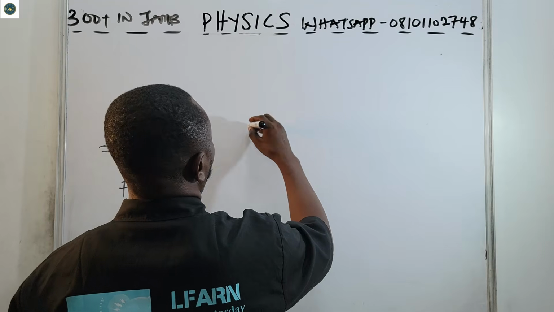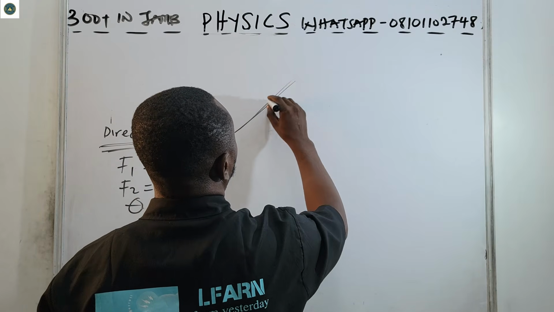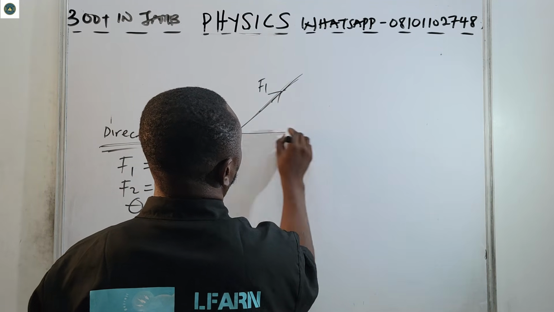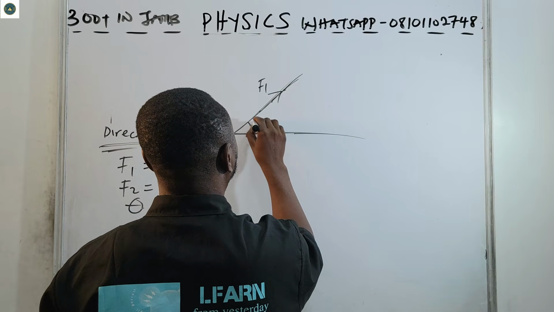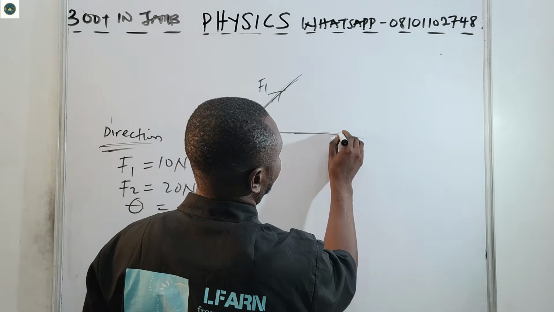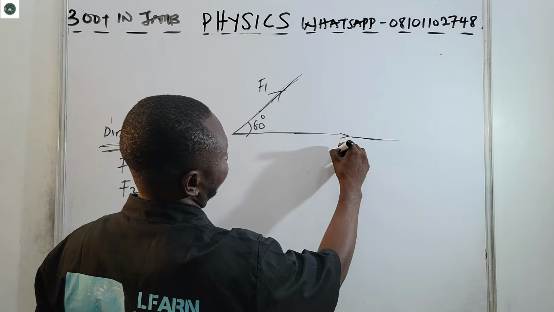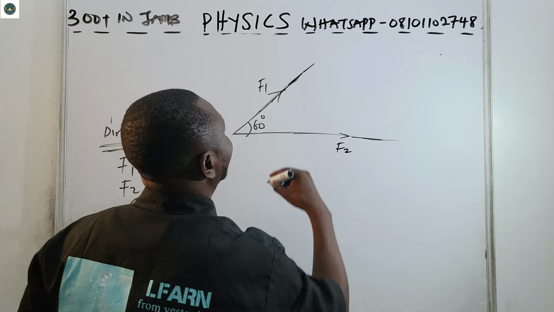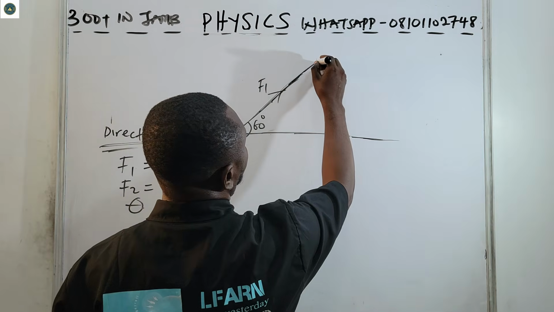Let's say we have the first body, this is F1. Then the second body, they are acting at 60 degrees, and this second body is F2. So we have F1 and F2. If they are inclined, how do we get the resultant?